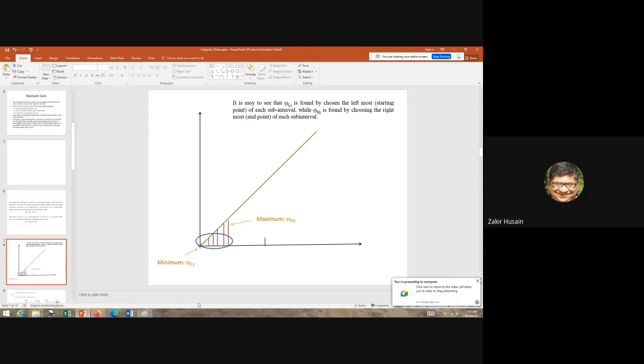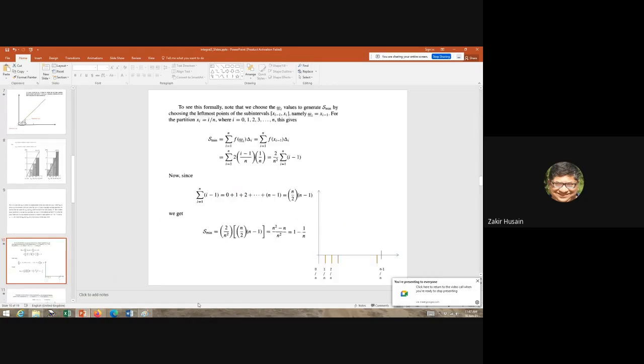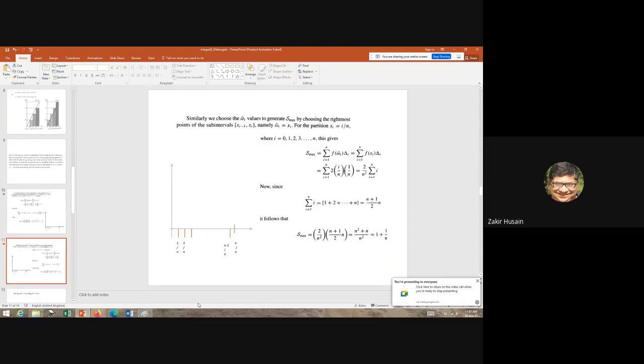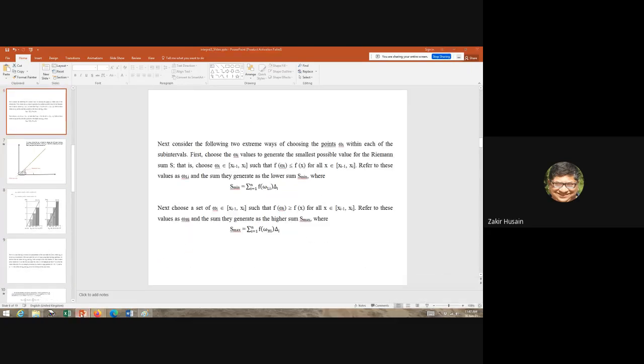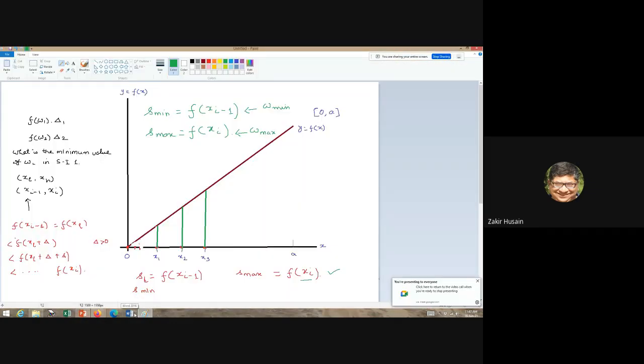Sorry, there's a notation change. So we use a slightly different notation over here. S min will be, okay, so this is underscore and S max will be like this. Underscore means that we have taken the minimum values. If it is at the top, then we have taken the maximum values.